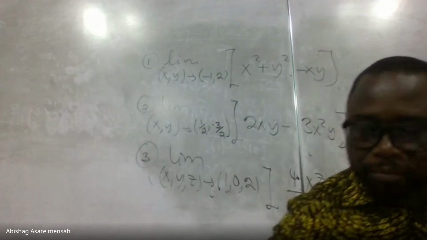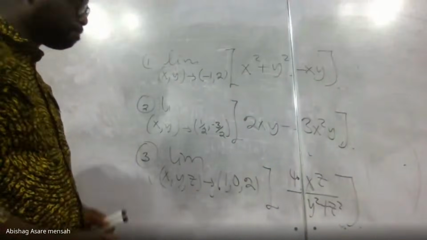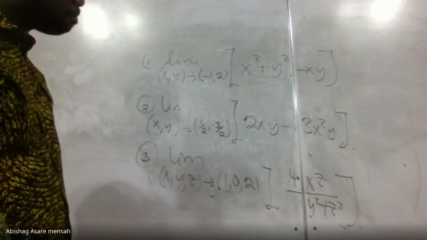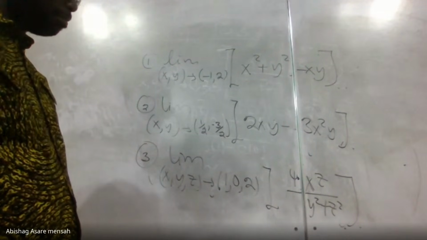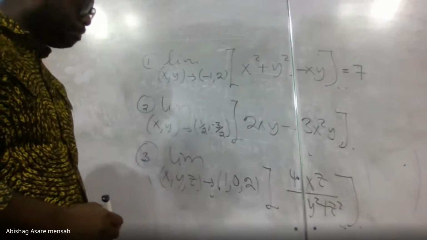Okay. The first one, what's the answer? I got 7. You had 7. Yes, I also got 7. Okay. And the second one?